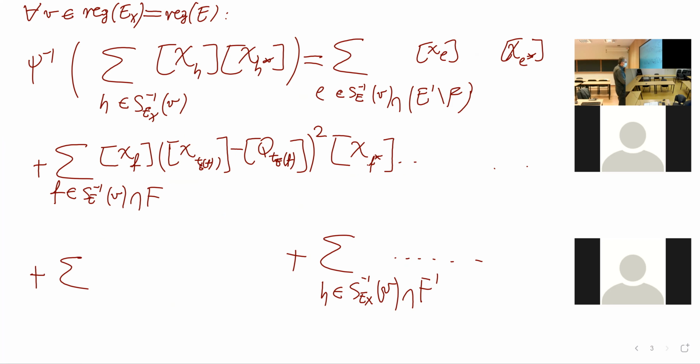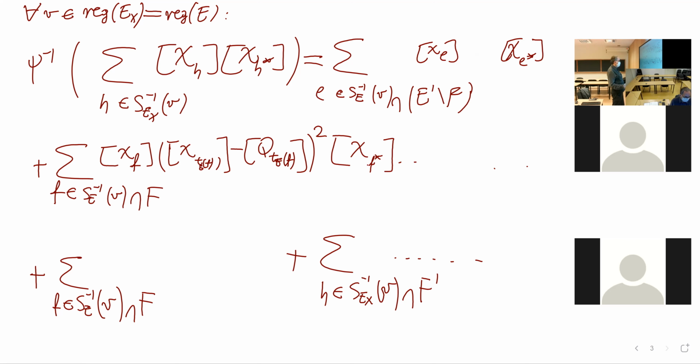So here I repeat the same F, and I'm running over the same set. So this is the pre-image under SE of V intersected with F. That's precisely because in the third summand, I'm simply depriming to make sense of the formulas in the subgraph.